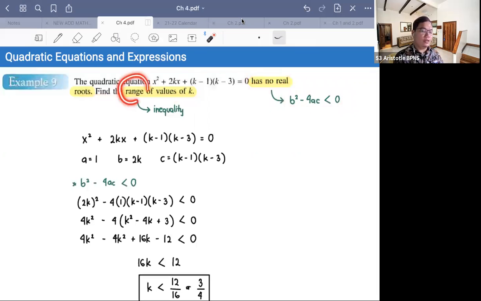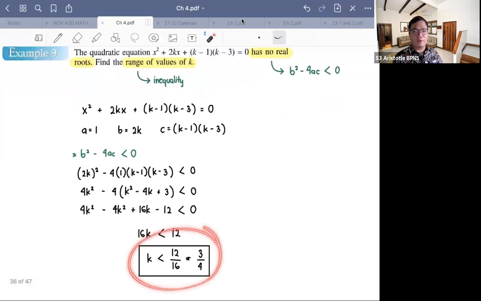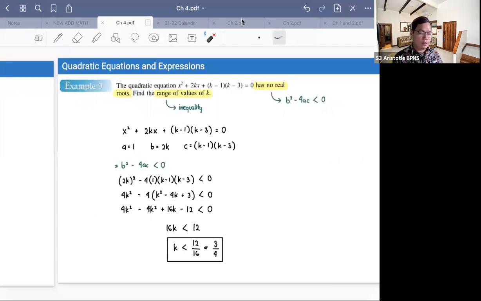When you say range, that means you're talking about an inequality here. It says that this quadratic equation has no real roots, so therefore, you will use the discriminant, which is less than 0. That's why your answer is a range of values. It's an inequality. That's why my answer here is k is less than 3 over 4.